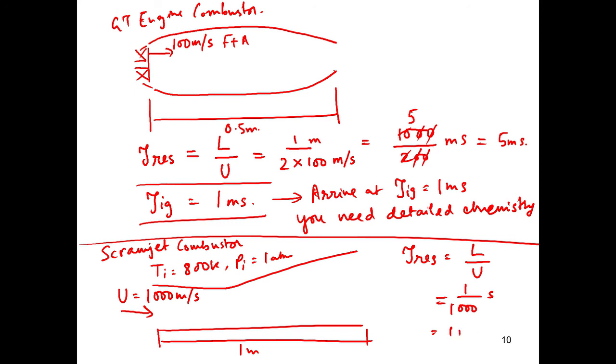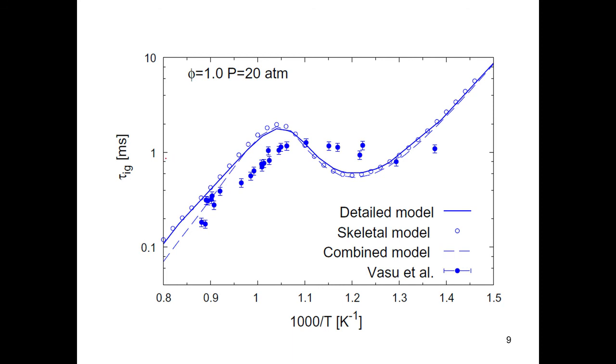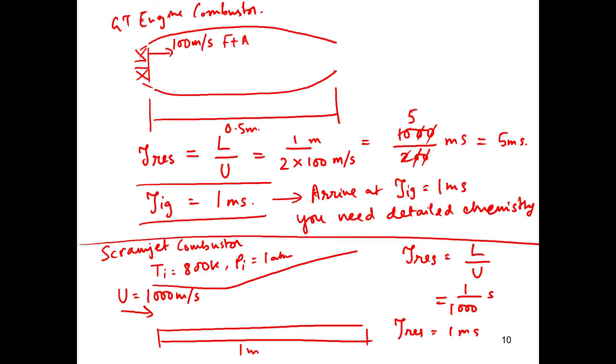Okay. So, in this scramjet combustor, you see the residence time is equal to the ignition delay time. Of course, this is at higher pressure, but still this is 1 millisecond, right. So, suppose you are doing a simulation of a scramjet combustor for design purposes or for validation of your scramjet combustor code.